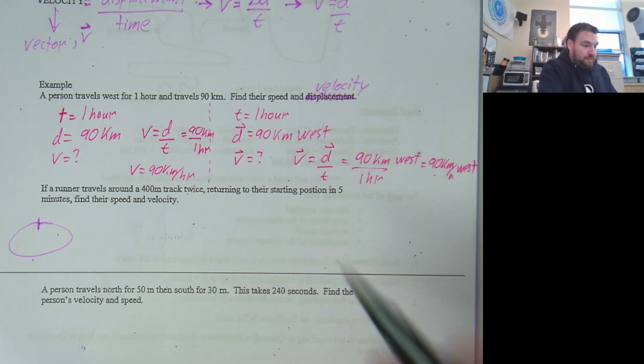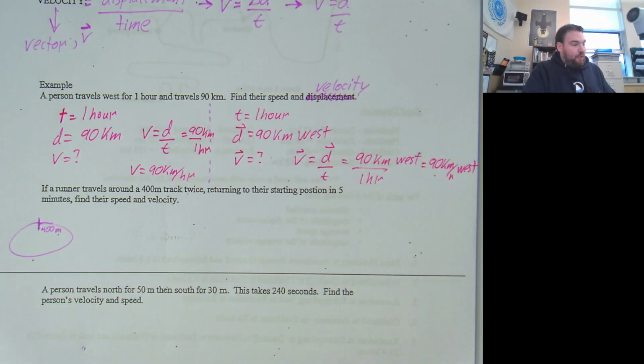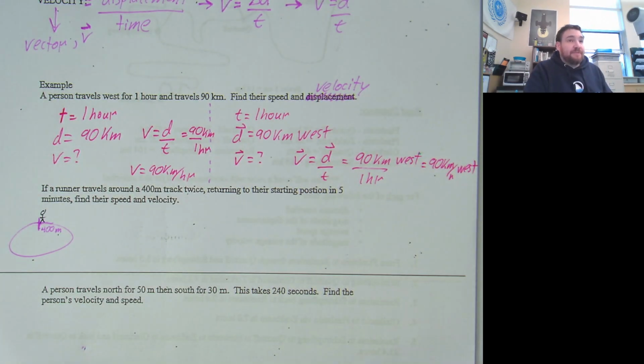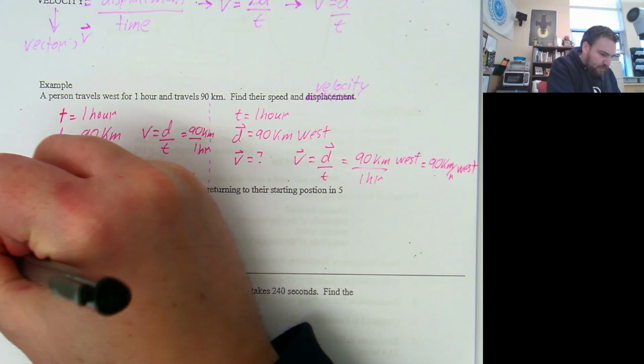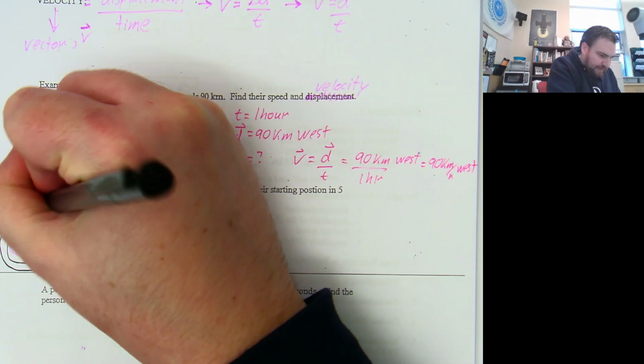It's 400 meters. Means you do the loop once, you will have traveled 400 meters. This person, here they are at the starting line, goes around how many times? Twice. So 1 loop, 2 loops, back to where they started.